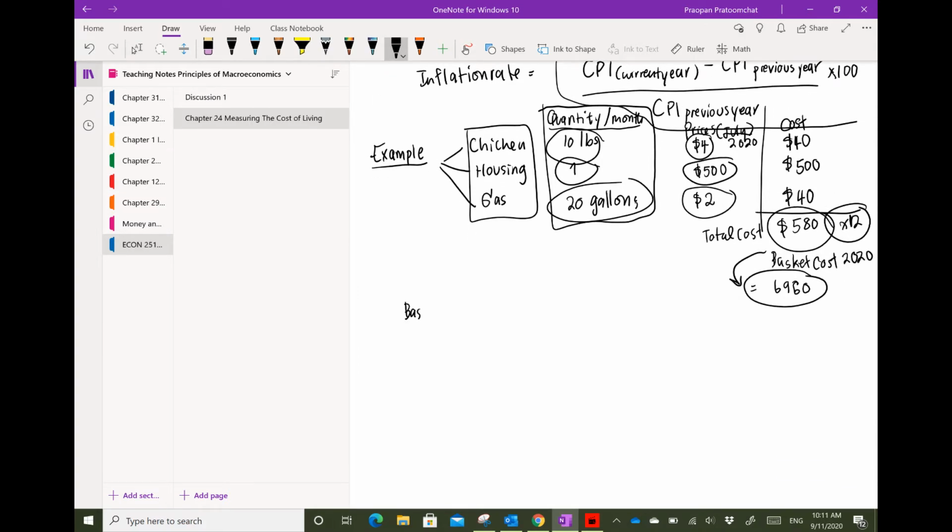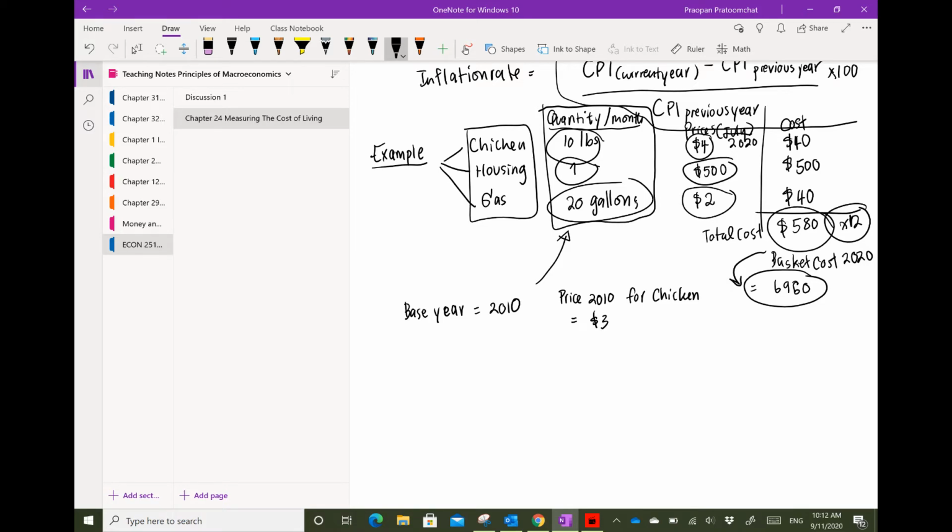Base year. What is the base year? Let's say we choose 2010. To buy the same amount of chicken and housing and gas, how much does it cost for the base year? So let's assume that the price in 2010 for chicken is $3.